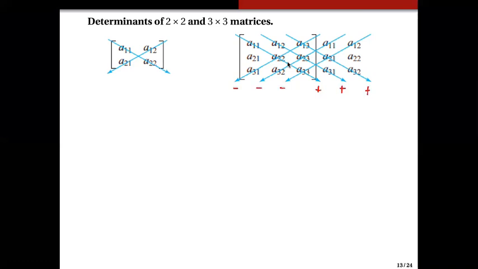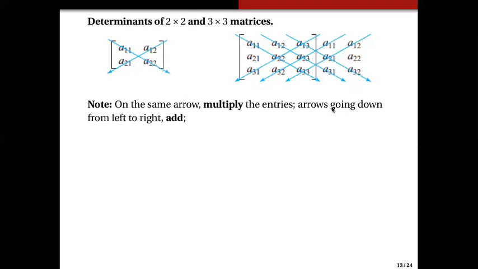Personally, instead of going down to the left, I go up to the right, which you will see most of the time in my computations. So what did I describe? On the same arrow, multiply the entries; arrows going down from left to right, add them; and arrows going down from right to left, subtract them.